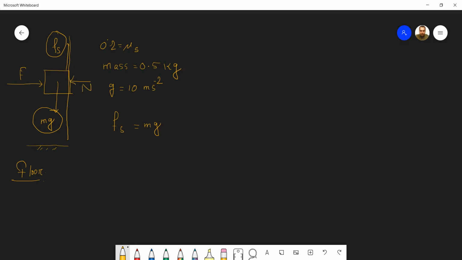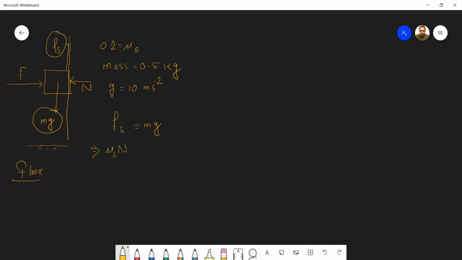This normal force would be the force which the wall exerts on the block in opposition to the applied force F. Because a force is applied on the block, the wall itself applies a force in the opposite direction on the block, opposite to the force capital F. Now, according to the formula, this friction force is given numerically as the coefficient of static friction multiplied by the normal force.